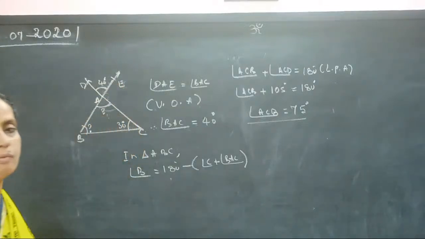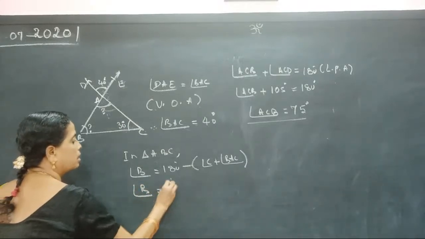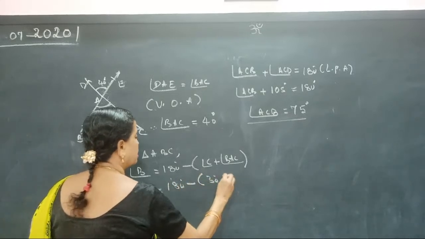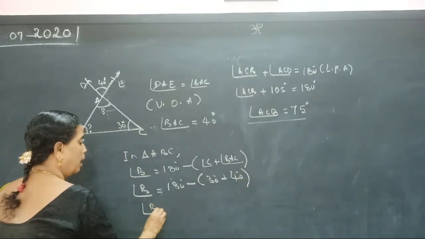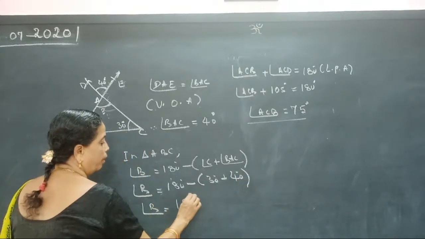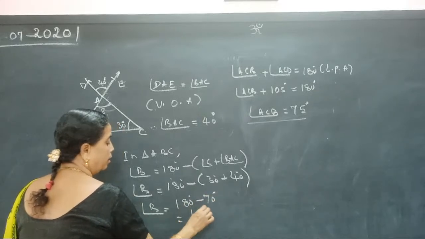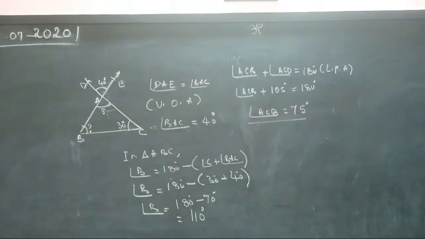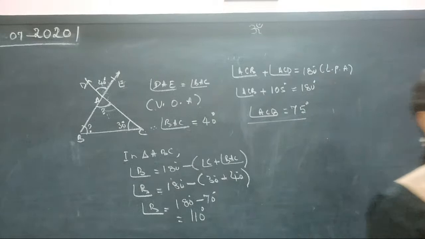Angle B equals 180 degrees minus (30 degrees plus 40 degrees). So what is angle B? Angle B equals 180 minus 70 degrees, it is 110 degrees. This is how the theorem statement is applied.